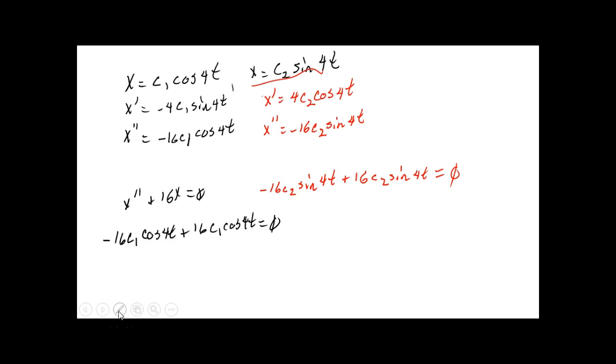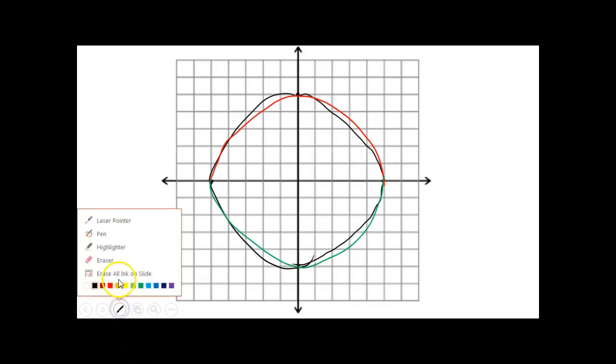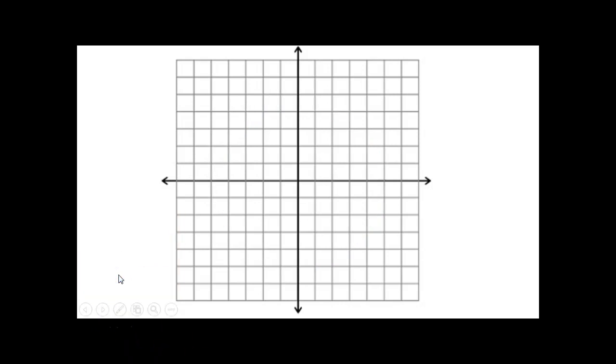All right. I think I'm going to need to draw a graph, so let me go to my graph page and erase this. Okay. y is equal to c x to the fourth.